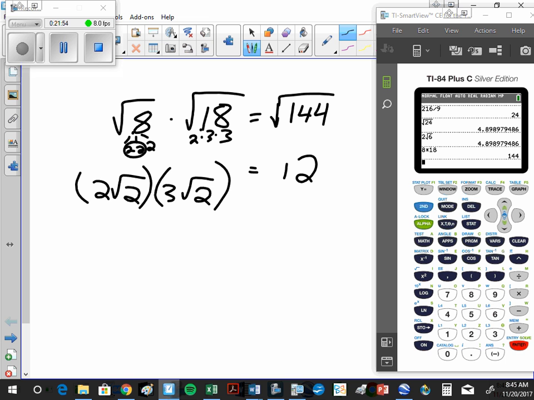You multiply outsides and insides. Okay? What happens when I multiply the outsides? I get 6. What happens when I multiply the insides? I get the square root of 4. What is the square root of 4? 2. So 6 times 2 is 12.